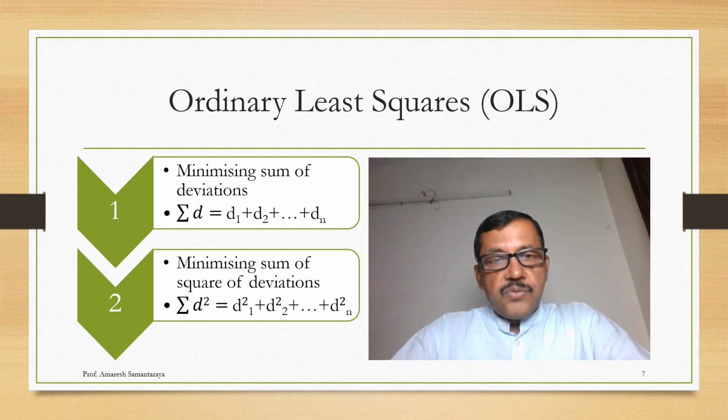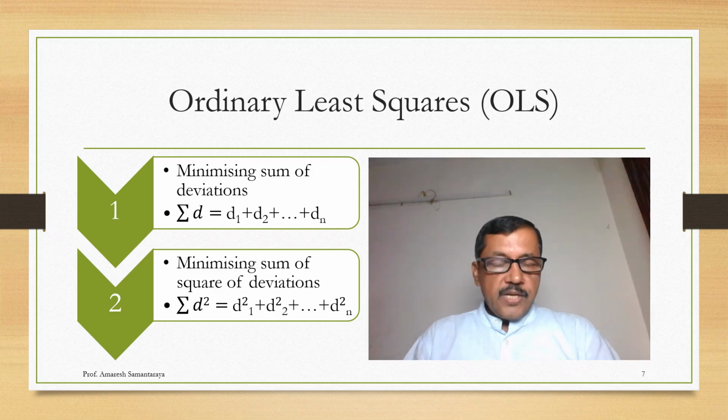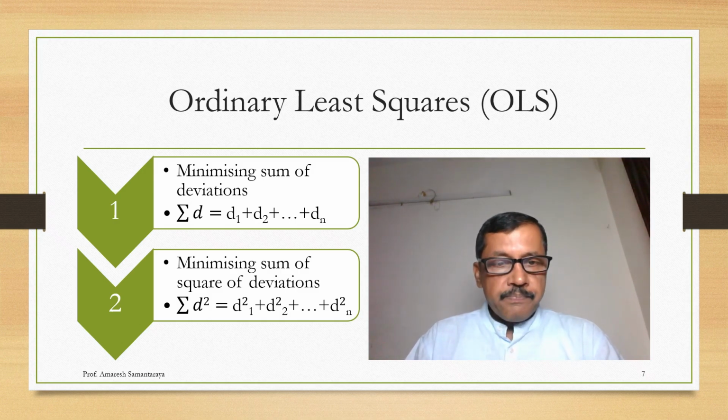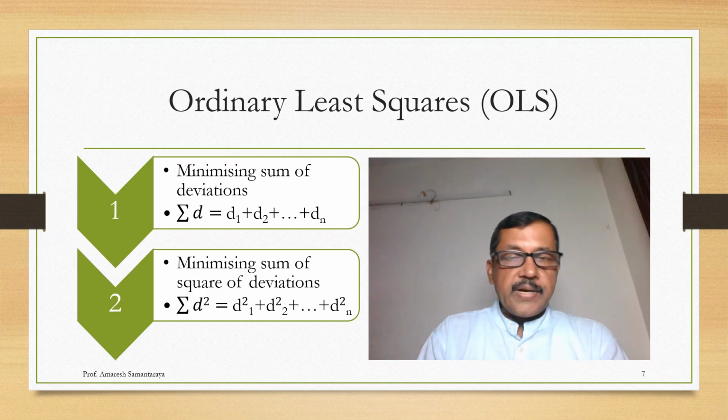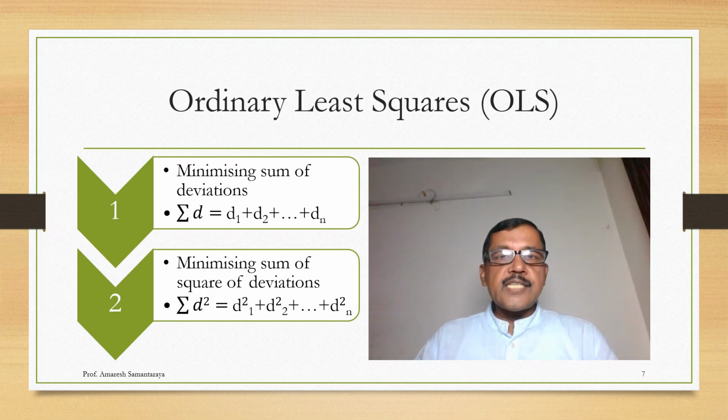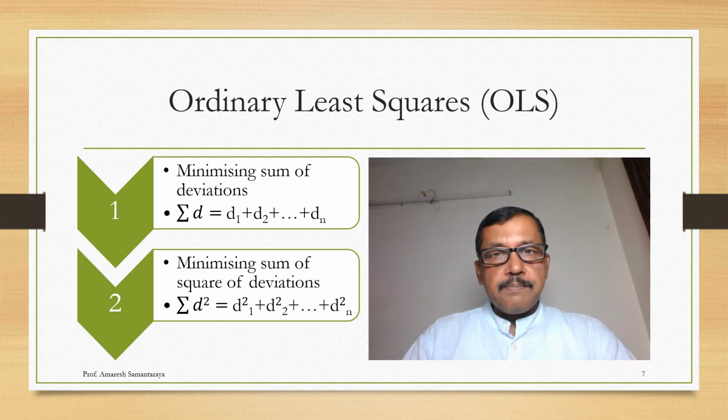So on both accounts, if we want to objectively choose a straight line which best explains the relation between bank NPAs and credit growth in the previous graph, it is better to adopt a strategy which is the sum of d square, which is the square of d1 plus the square of d2, etc., up to the square of dn, and calculate that for each line, and the line for which this sum of squares is minimum can perhaps be chosen as the best possible line explaining the relation between bank NPAs and bank credit growth.